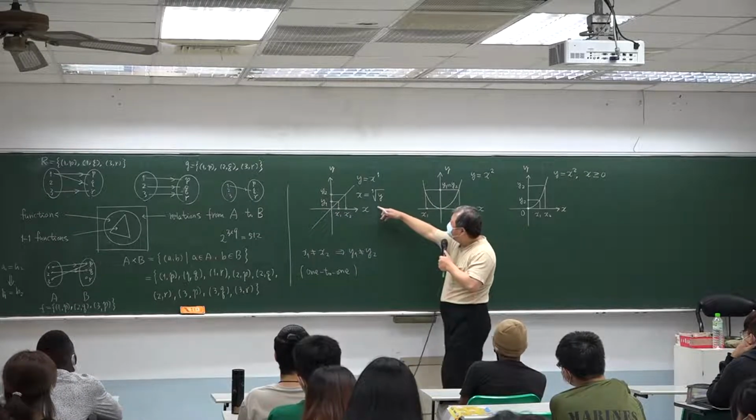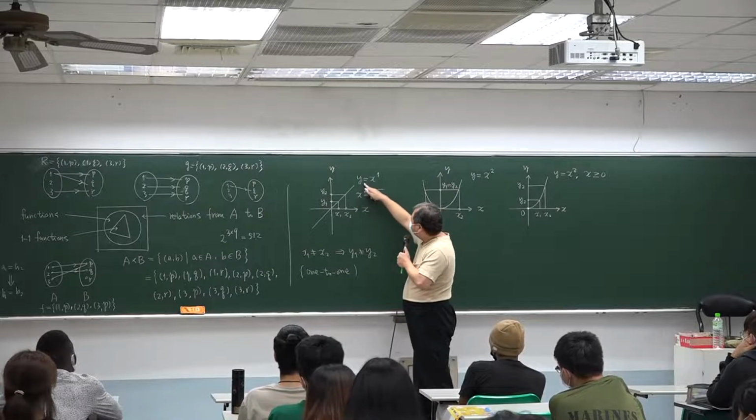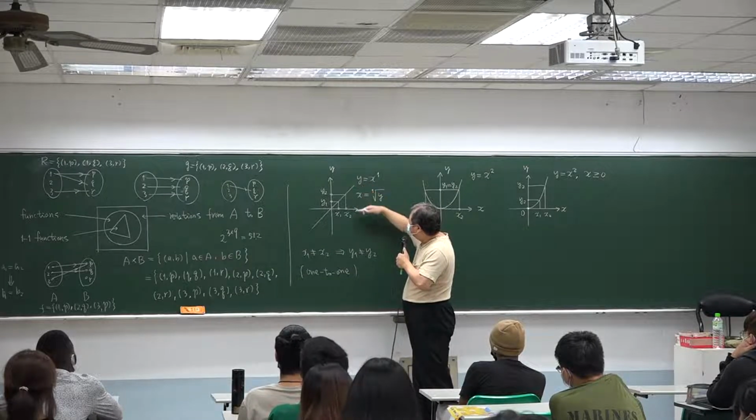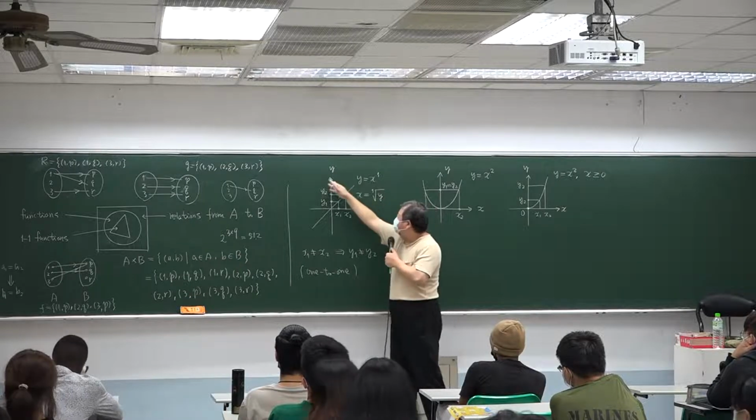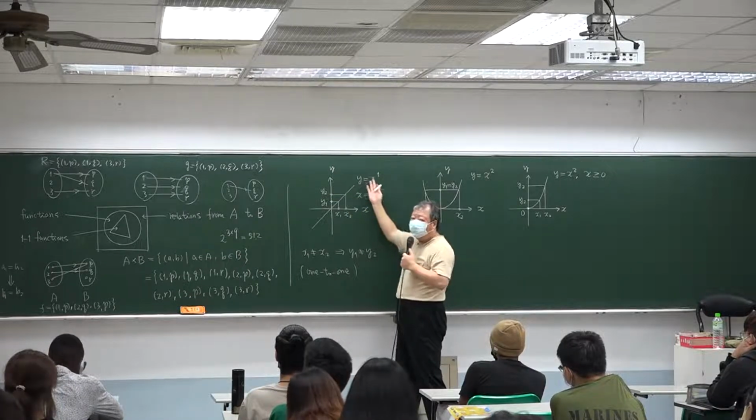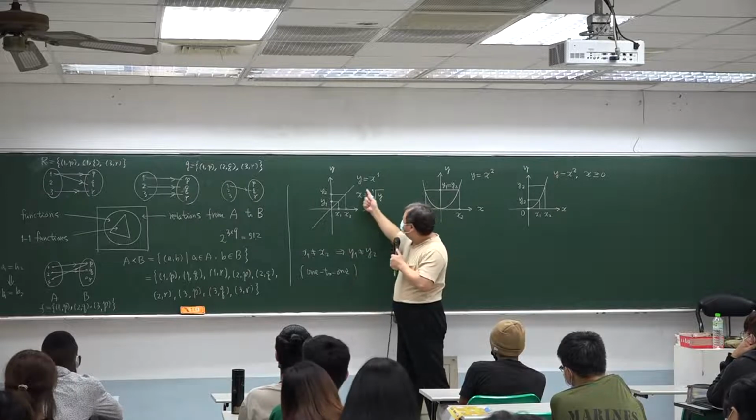Here, yes, this is a function from R to R. And this one is also a function from R to R. In fact, it is the inverse function of this one.